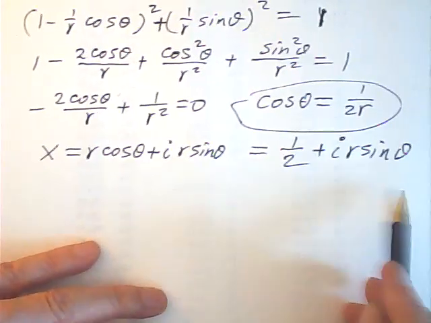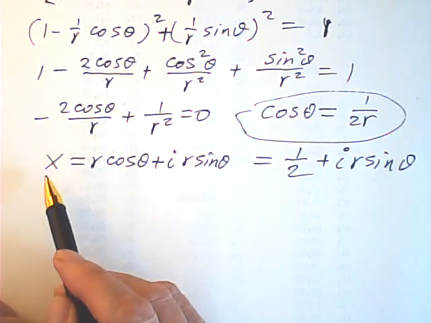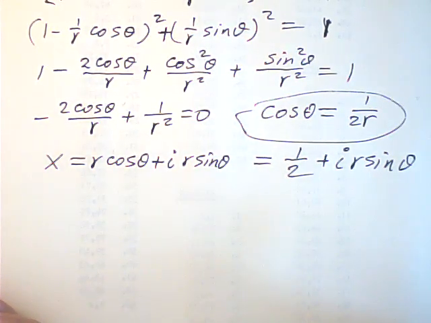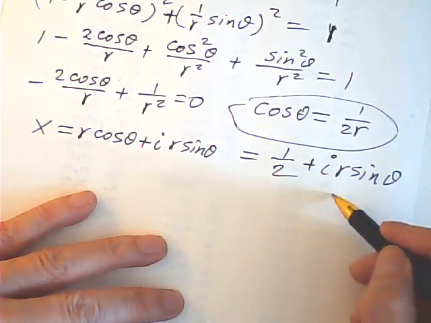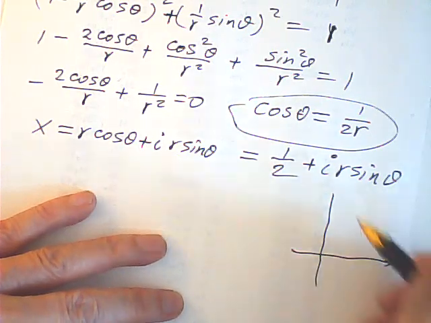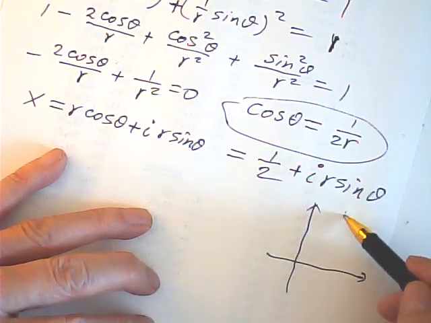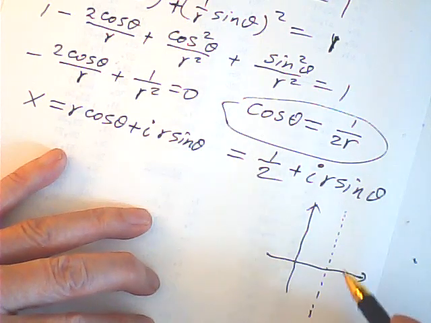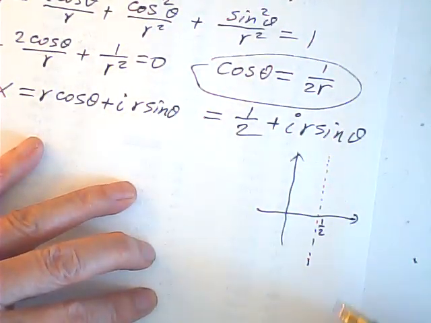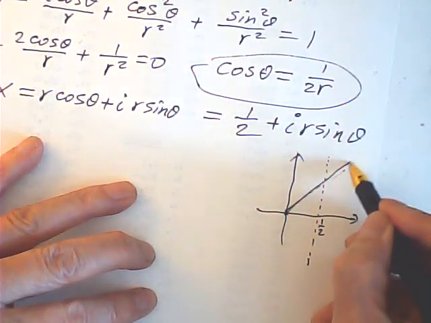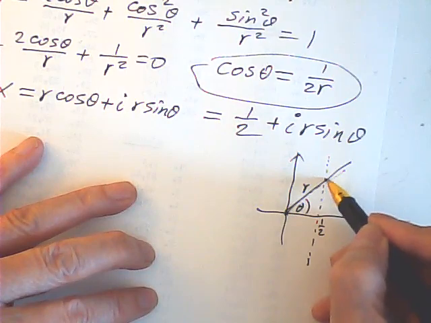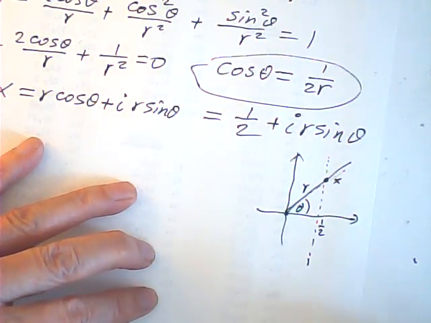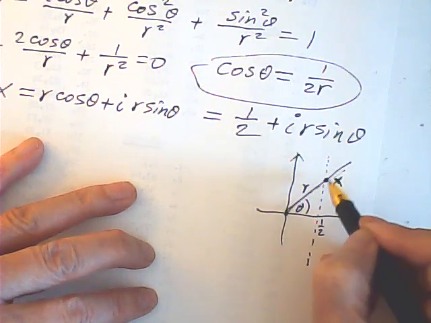It's interesting that the real part of our x is half. Which means x must be on this line. This is theta, this is r, this is x. x is a complex number.